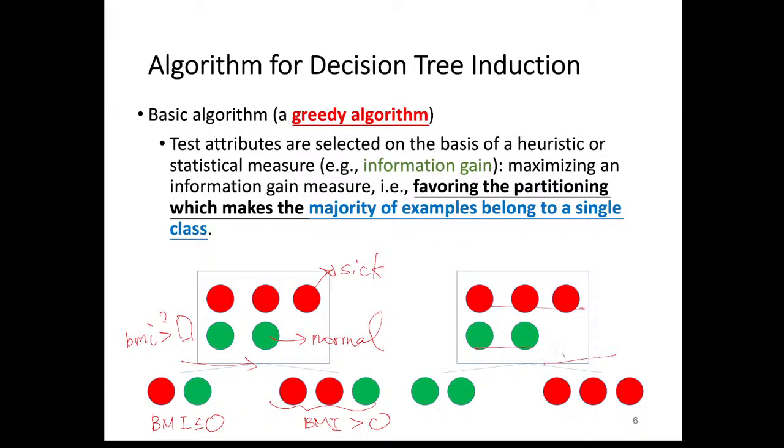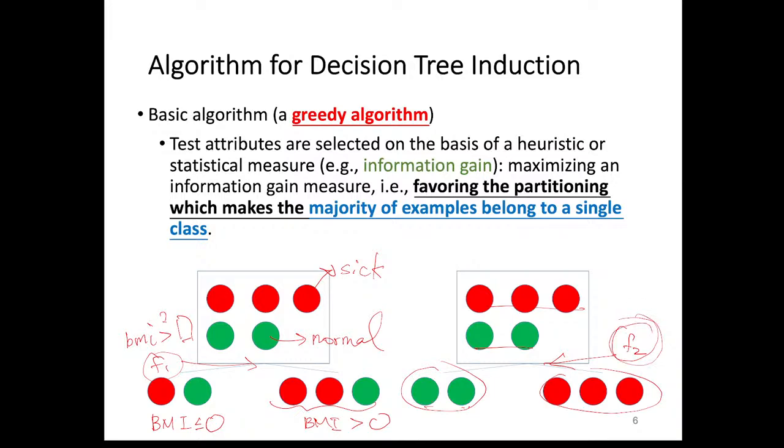Again, you have these 3 sick people and 2 normal people. You use another measurement. F1 is BMI, and this is another measurement, F2. Based on F2, you can group people into 2 groups. The first group has 2 normal people, and the second group has 3 sick people. So is F1 or F2 a better way to divide the 5 people?